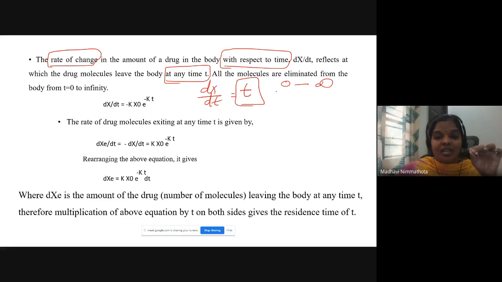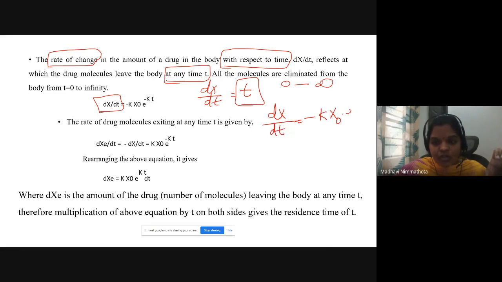You can calculate the rate of change in the amount, dx by dt, equals minus k X0 into e to the power of minus kt. You just write down dx by dt equals minus k X0 e to the power of minus kt, where small t is time.